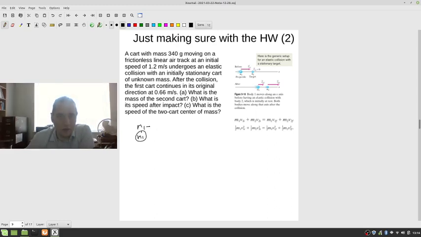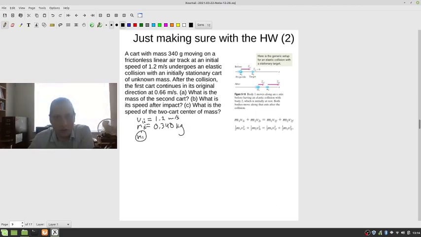That M1 has a mass of 0.340 kilograms, and it has a V1, and let's put an initial on there. V1 initial, because it's going to knock into something and change its speed, 1.2 meters per second. It undergoes an elastic collision with an initially stationary cart of unknown mass.